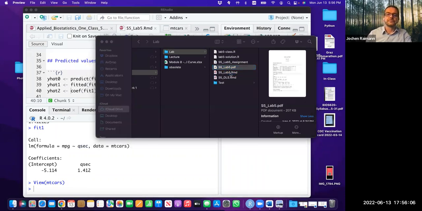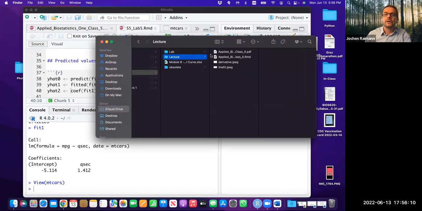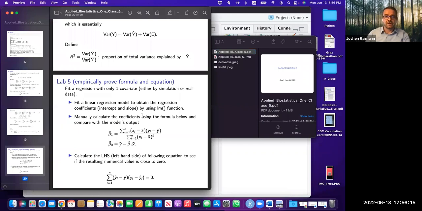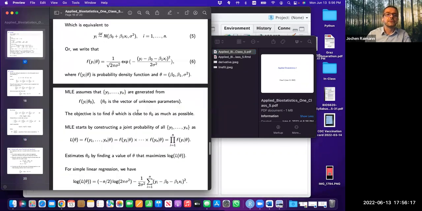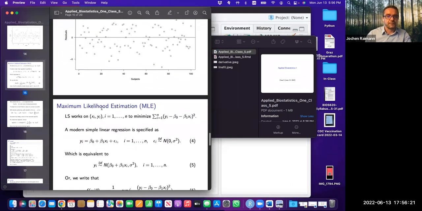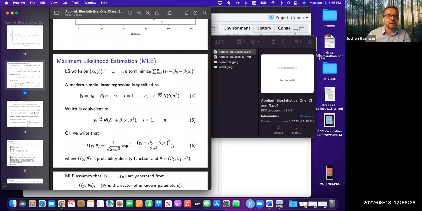I can show you. No, this is the wrong lecture. This is exactly this function, right? Yeah. So this is a simple linear regression where we have the yi.